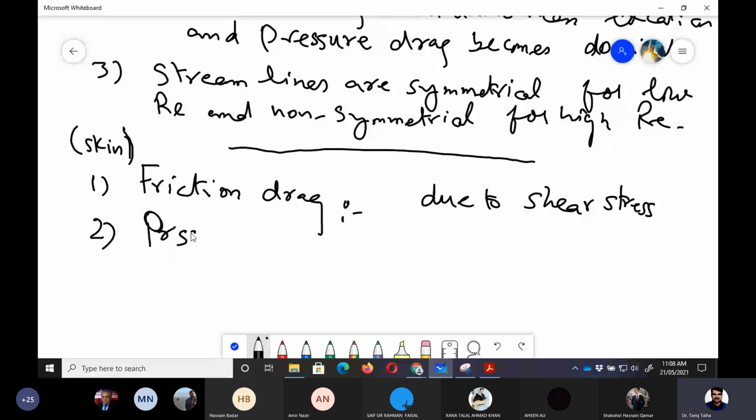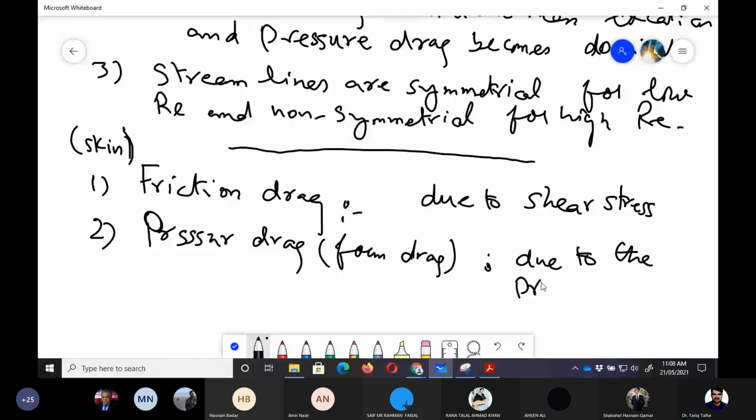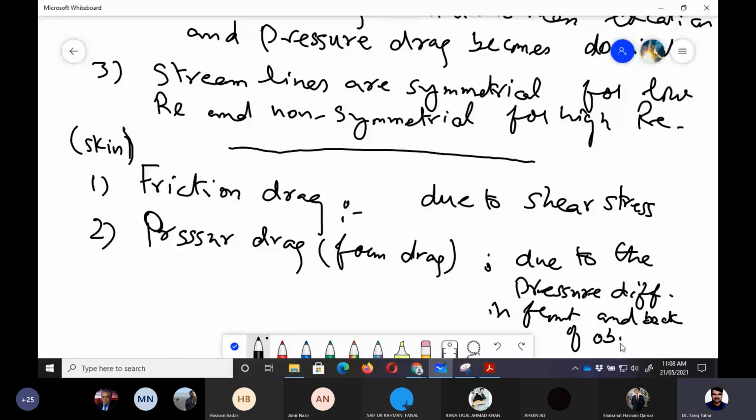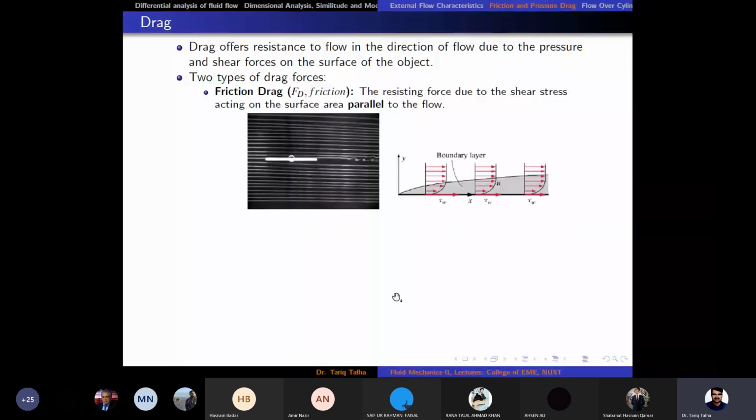Pressure drag, which we also call form drag, because it strongly depends on the shape and geometry of the body, is due to the pressure difference in front and back of the object. It usually happens when we have got flow over a blunt body or semi-blunt bodies for that matter.